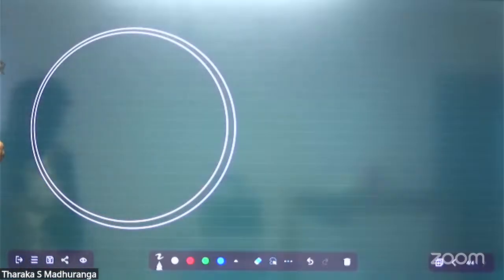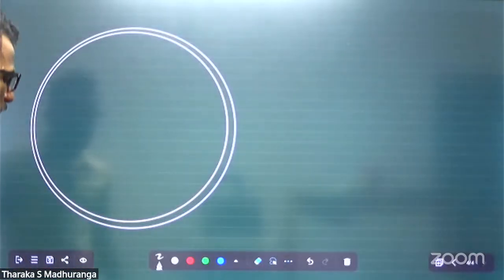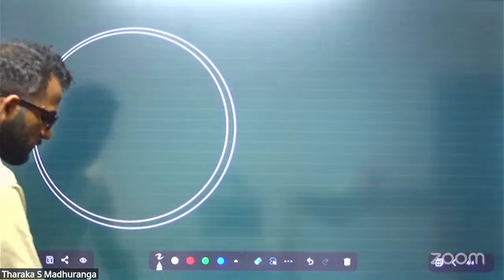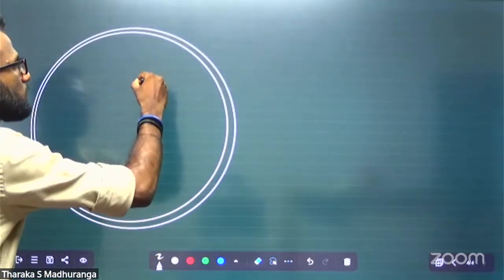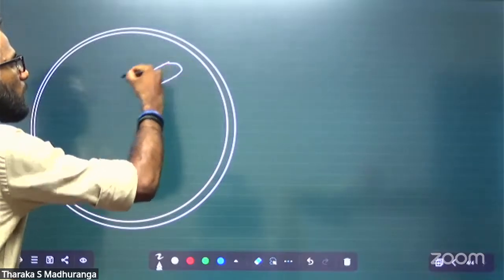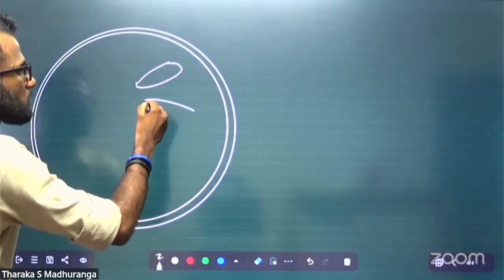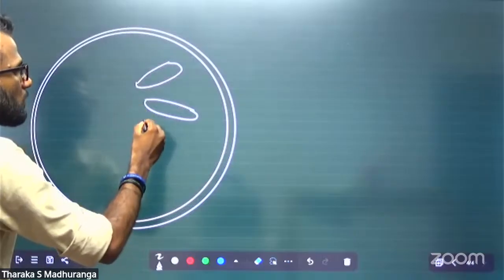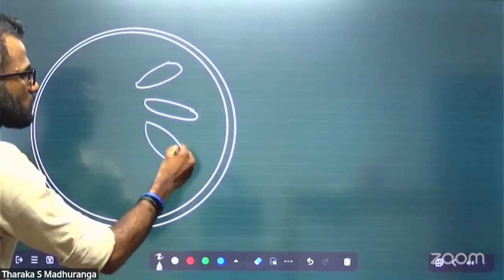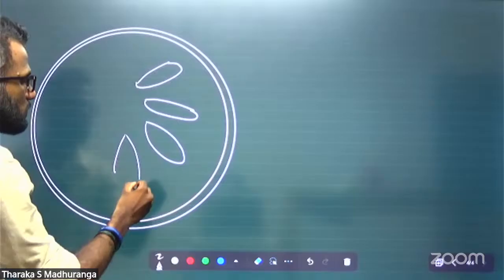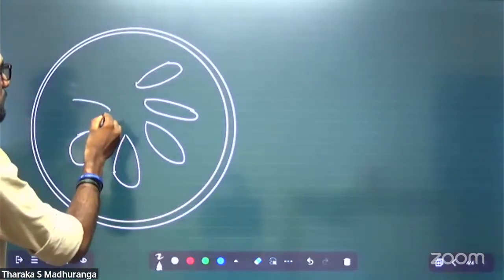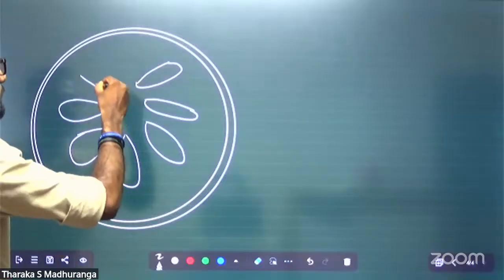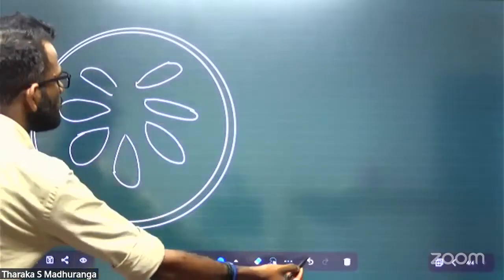This is the epidermis, and inside that the cortex, and there are the vascular bundles. They are the same size, though in my drawing it's not the same size.